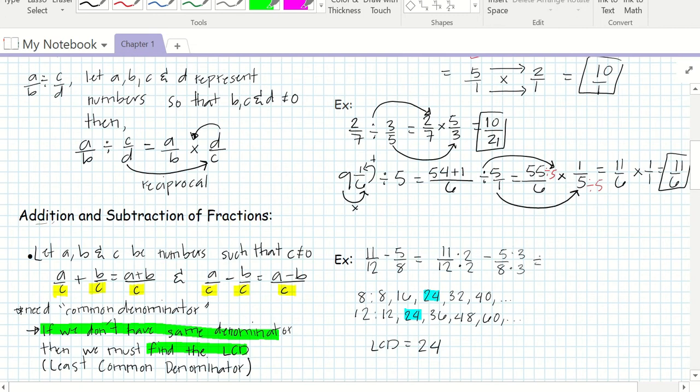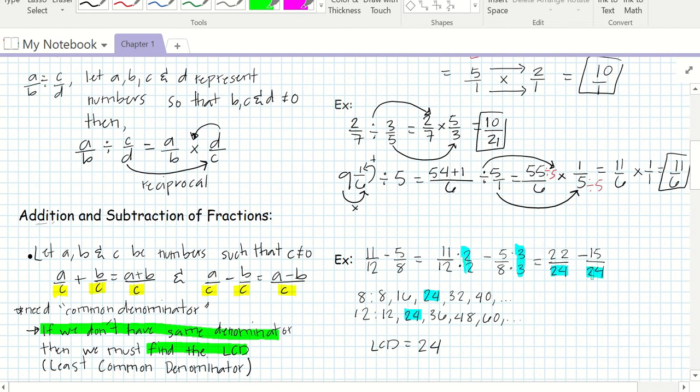Now this 8 also needs to become 24, so I'm going to multiply times 3. So now 11 times 2 is 22, over 12 times 2, which is 24, minus 5 times 3, which is 15, over 8 times 3, which is 24. So again, what happened here, I multiply times 2 and I multiply times 3 to get this 24.